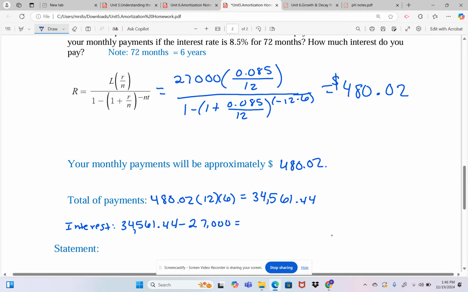So for the interest, you would take the total minus the loan. So now, 34,561, subtract the loan. So with that high of an interest rate, you paid an additional $7,000 for that car, which is pretty high for a car.